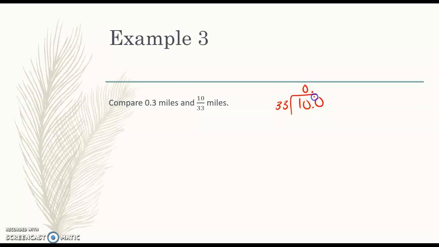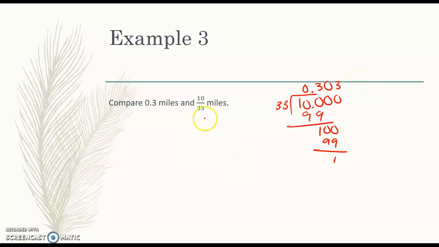And I add a 0. 33 goes into 100 3 times, which is 99, leaving us with 1. Add a 0, and then add another 0. And then we go in 3 times, which is 99, and I'm left with 1 again. And I hope you see the pattern. It's just going to keep going.